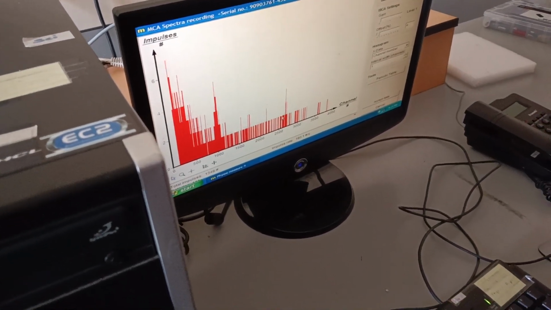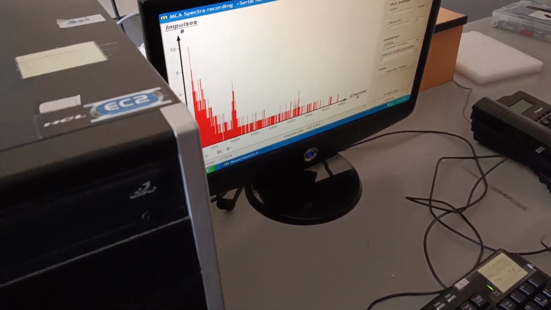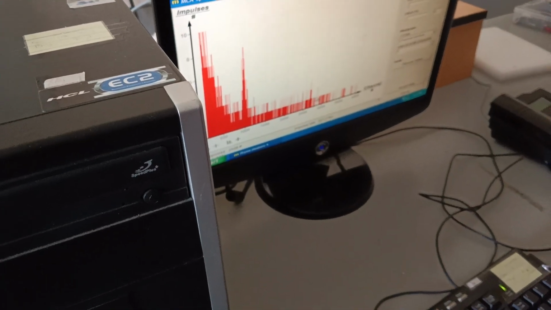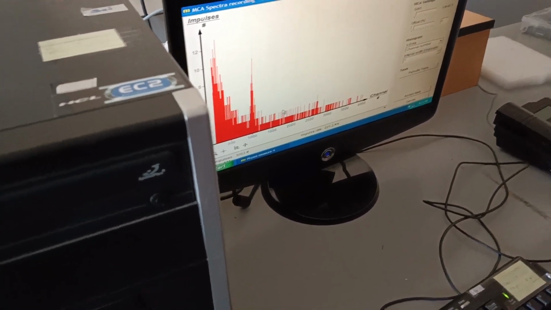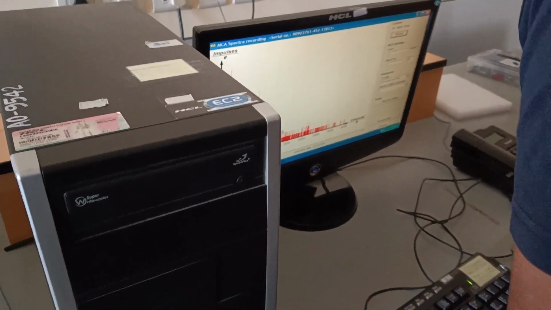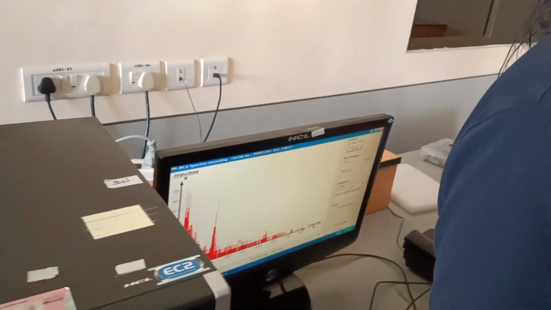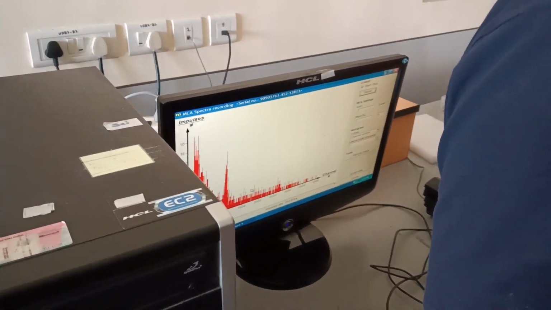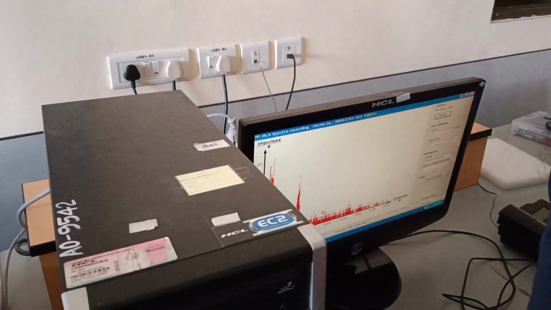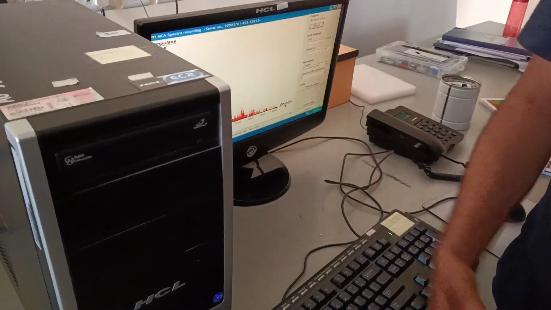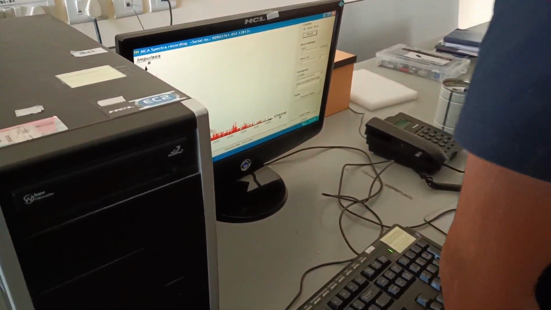There will be a peak here due to the 1.22 MeV gamma ray, and the background shape is coming due to a process called the Compton effect. The Compton effect means the gamma ray doesn't lose all its energy into the crystal, part of it escapes, and because of that you measure less energy than the full energy. We will discuss that, and then you can use this for gamma ray spectroscopy.